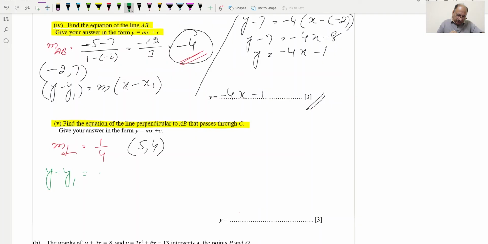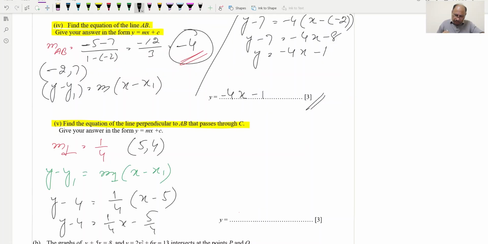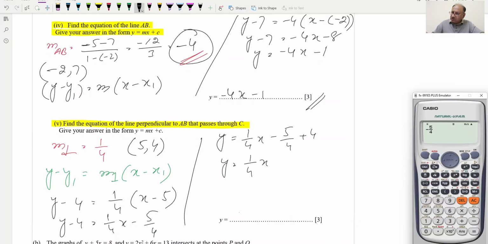So we can write y minus y1, which is 4, is equal to 1 by 4 into x minus 5, and we can open the bracket. This will be 1 by 4x minus 5 by 4, and this 4 we can shift to the other side, so it will be y is equal to 1 by 4x minus 5 by 4 plus 4, and y is equal to 1 by 4x and minus 5 over 4 plus 4, and this is equal to 11 by 4, so plus 11 by 4.